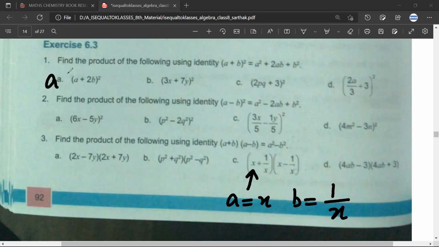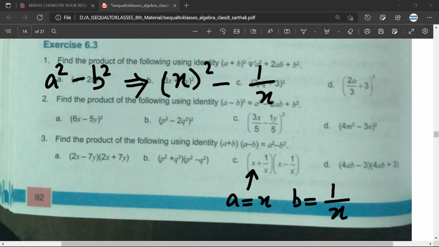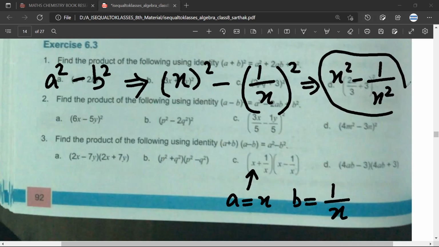I have to calculate the value of A square minus B square. So A is x square, minus B is 1 upon x square. So this will be equal to x square minus 1 upon x square. Mr. Sarthak, any doubt? No, sir.